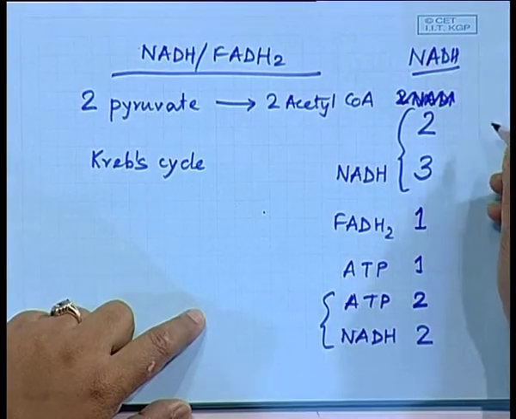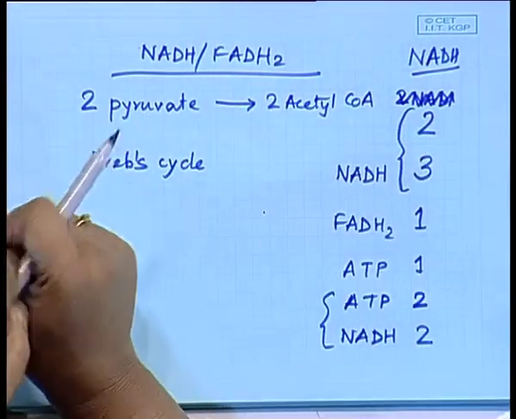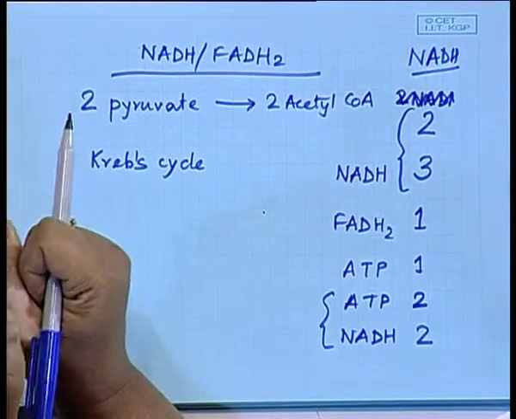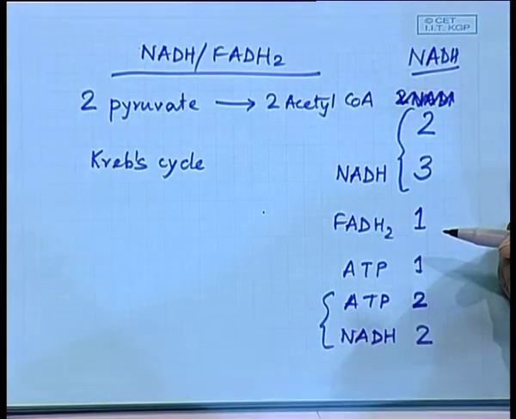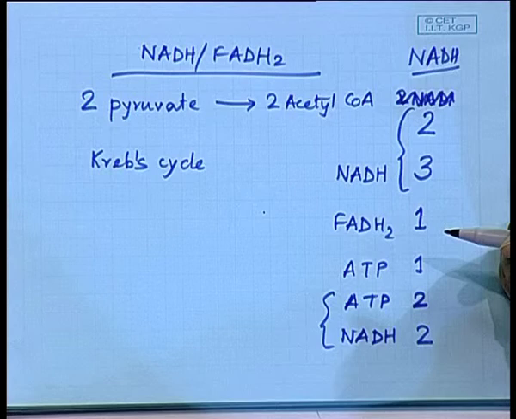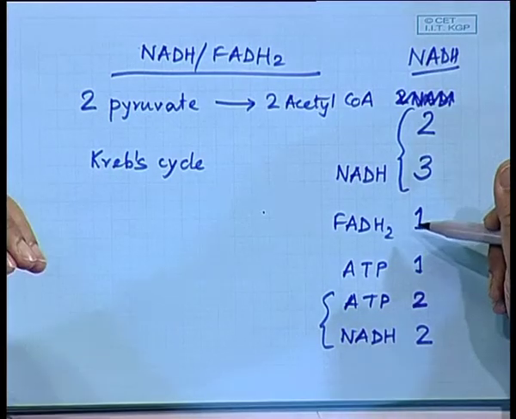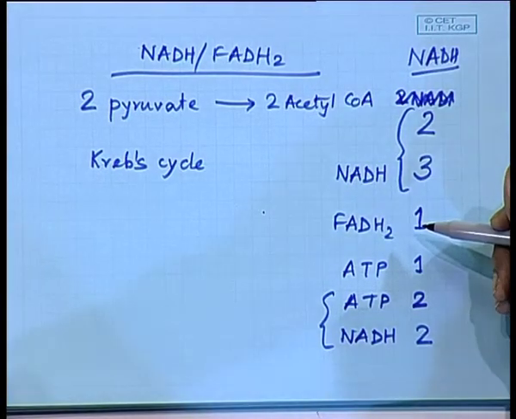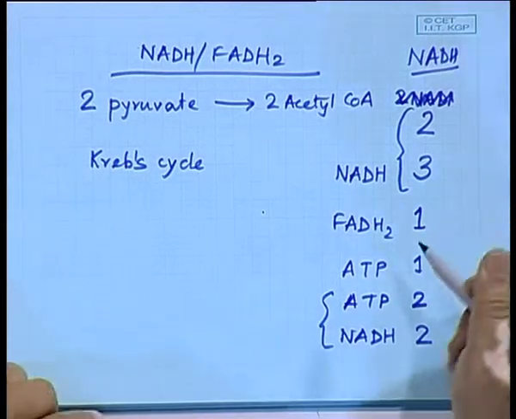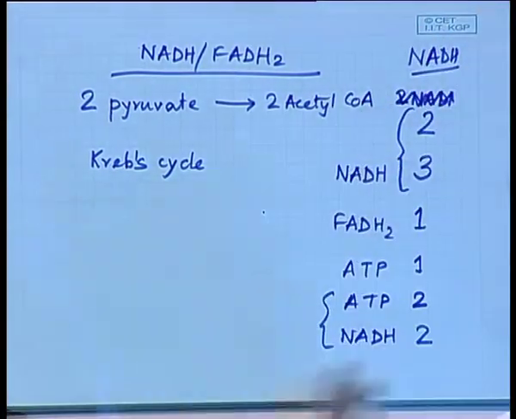So now, what else do we know from oxidative phosphorylation? That each NADH is going to give me 2.5 ATP, each FADH2 is going to give me 1.5 ATP. So calculate how many ATP you are supposed to get from this information. Tell me.